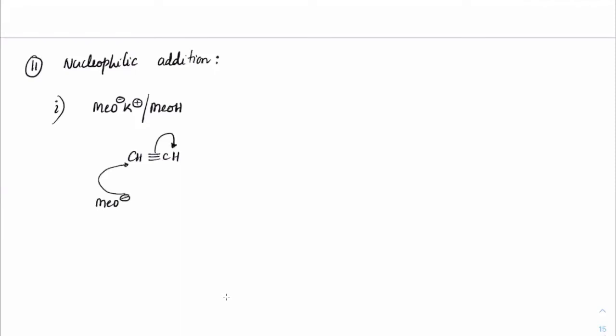Correct? The reason for nucleophilic addition is that the carbon has high s character, which means it is highly electronegative, so it would be ready to take electrons. Despite having an electron cloud around it, when a nucleophile approaches, carbon will accept the nucleophile. So the pi gets rearranged to form CHOMe double bond CH minus.